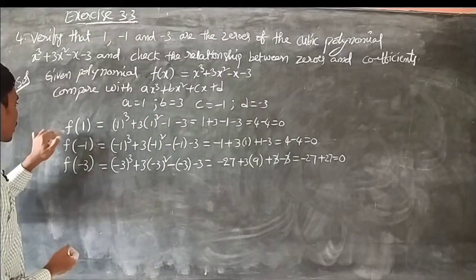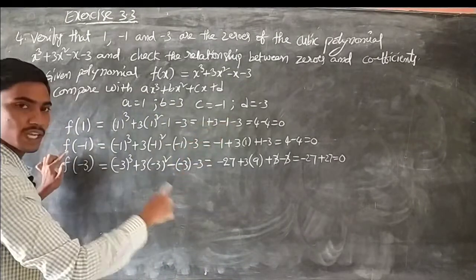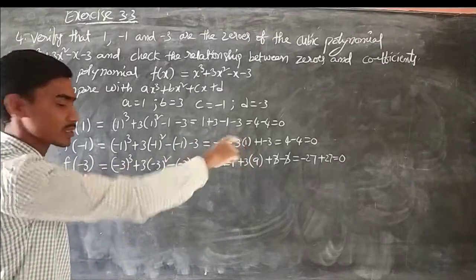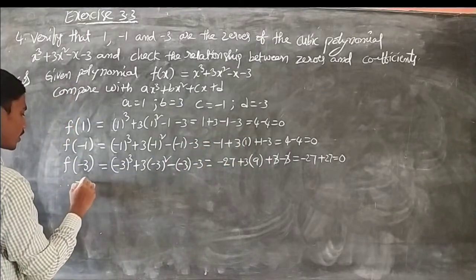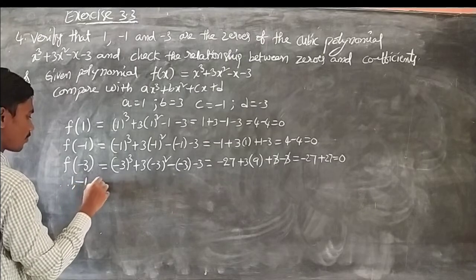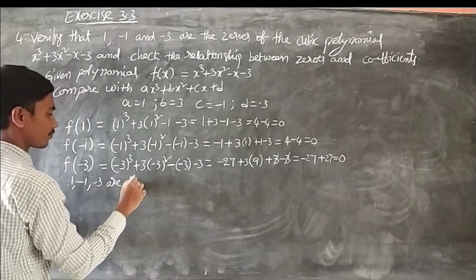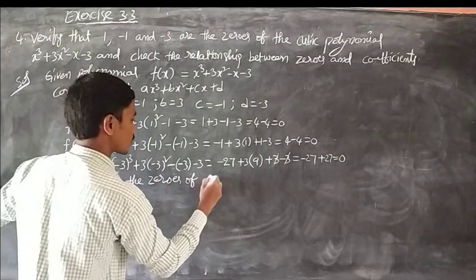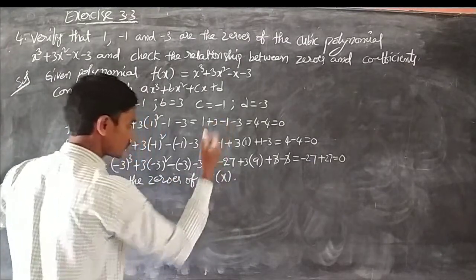From this, f of 1 gives 0, f of minus 1 gives 0, f of minus 3 gives 0. Therefore, 1 comma minus 1 comma minus 3 are the zeros of f of x.